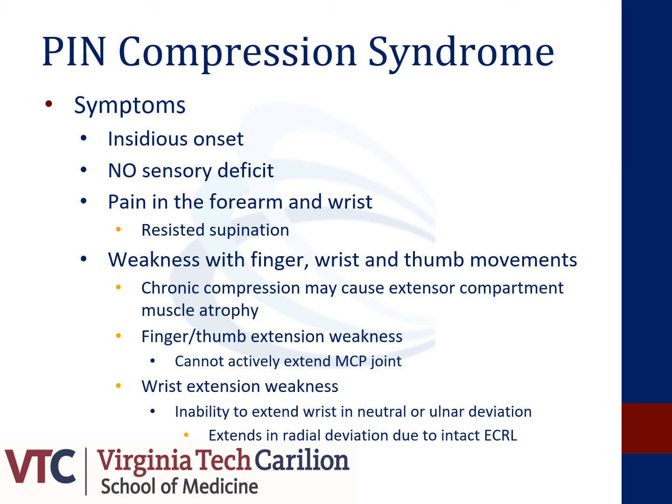However, there will be radial deviation associated with extension. Due to PIN innervating the ECU, there will be an inability to extend the wrist in neutral or ulnar deviation. As a clinical note, the ECRB tends to be innervated by a branch of the radial nerve of its own.